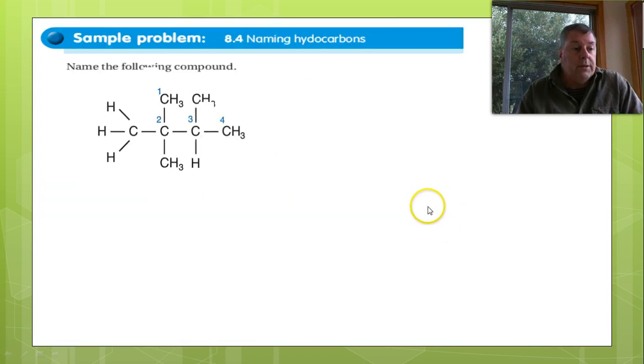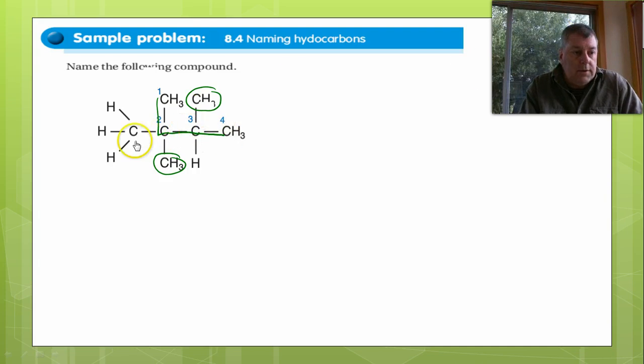So name the following, and here we notice that we've got what looks like a chain there, we've got a chain there. The longest chain, we could recognize that could be the longest chain.